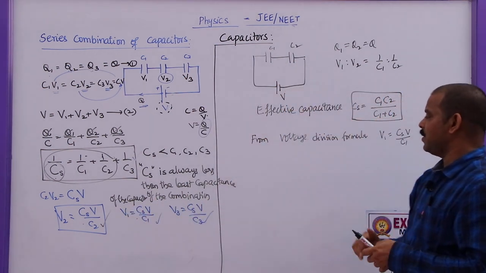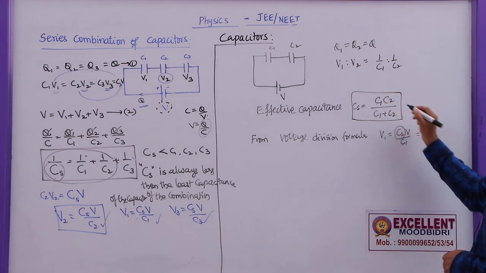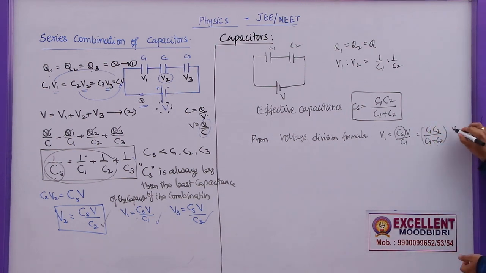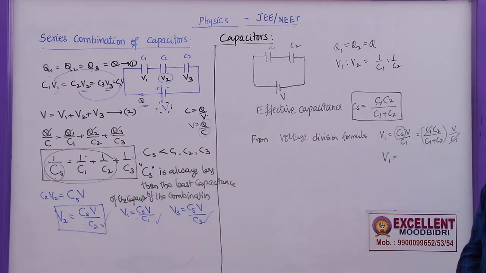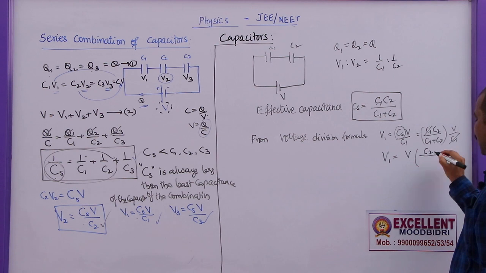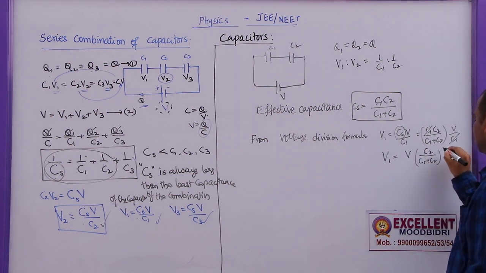Here I have taken two capacitors. What is the effective capacitance of these two capacitors? This will be C1 C2 by C1 plus C2, that is Cs, into V by C1. C1 gets cancelled. So, the voltage drop across the first capacitor is given by the total potential into the capacitance of the other capacitor by the sum of the two capacitors.